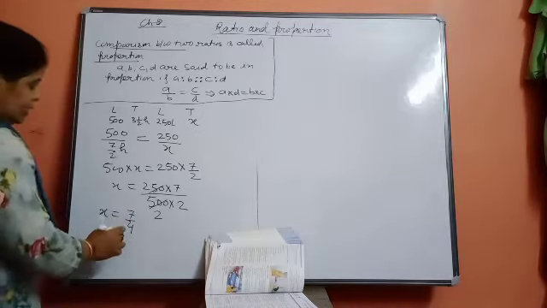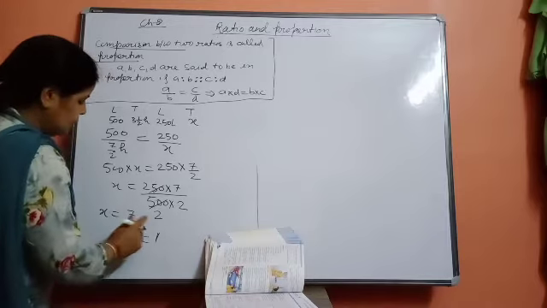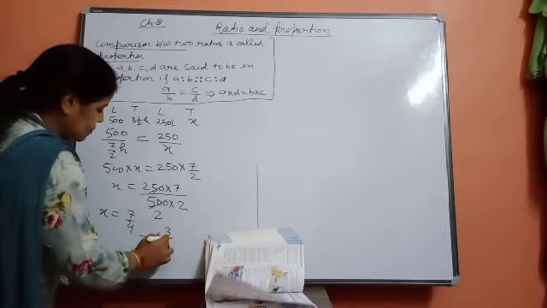Now write it in mixed fraction. 4 ones are 4, 7 minus 4 is 3, so 1 and 3 upon 4.